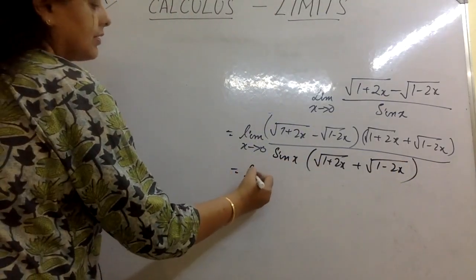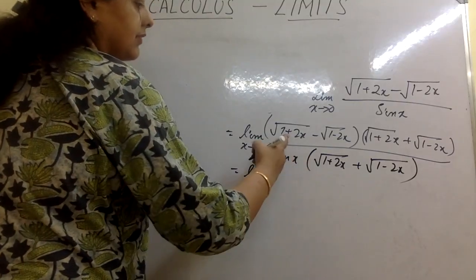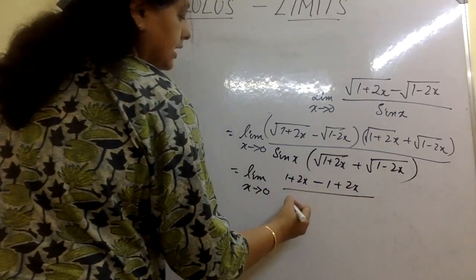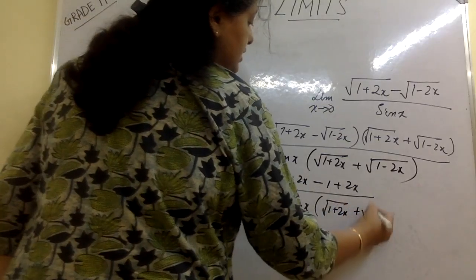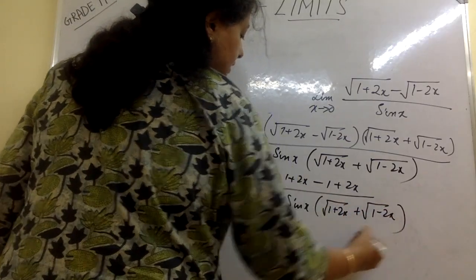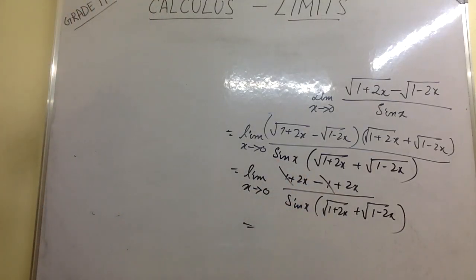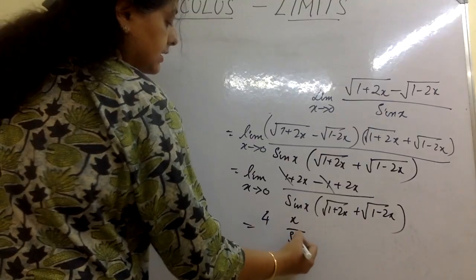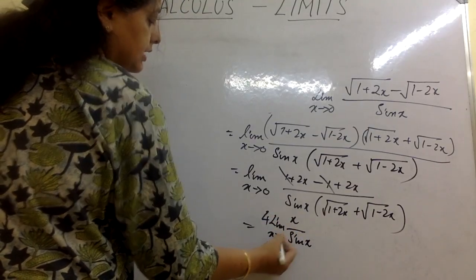Okay, limit x tends to 0, then here if I have 1 plus 2x minus 1 plus 2x, okay, sin x and 1 plus 2x plus 1 minus 2x, and that is equal to, we have a 4x here. Okay, so we have a 4x, we'll keep the 4 out and the x sin x. Here limit x tends to 0.